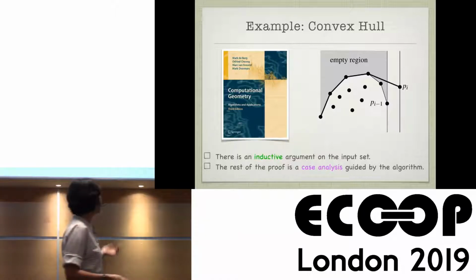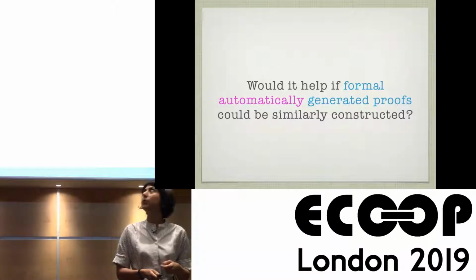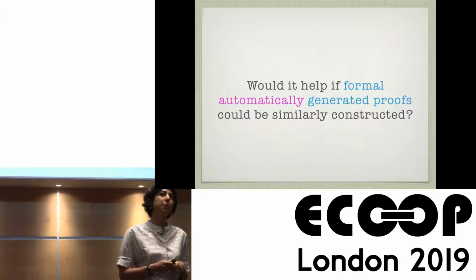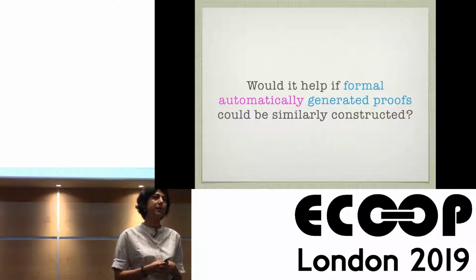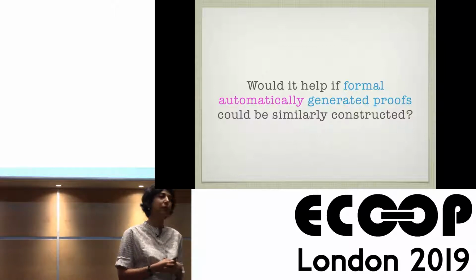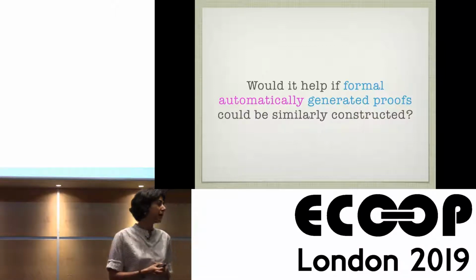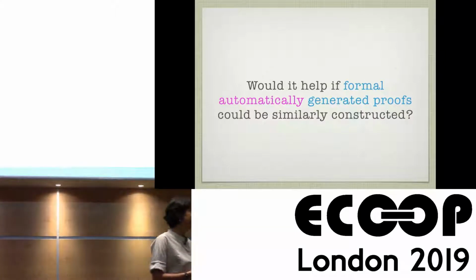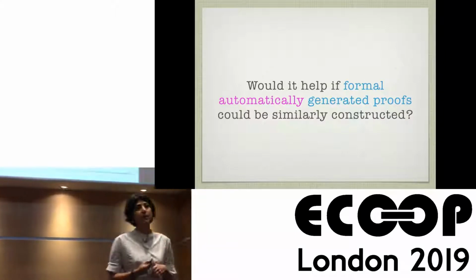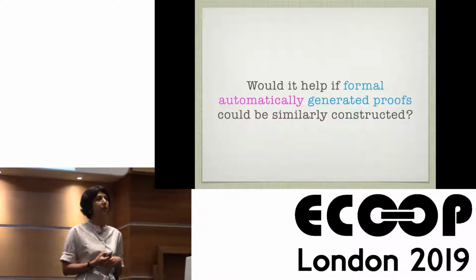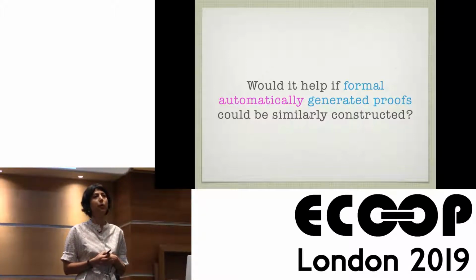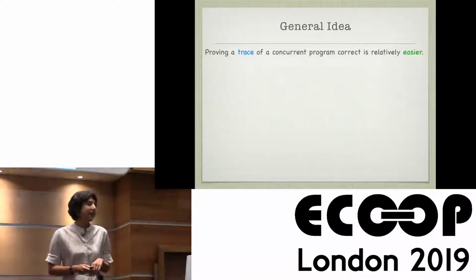And I want to try to argue with you that this sort of thinking about program proofs could be helpful for concurrent program reasoning as well, for certain types, and especially for algorithmic verification. I will give you two instances of this kind of thinking for proofs, and hopefully I will convince you by the end of this talk that I'm not completely off. Okay?